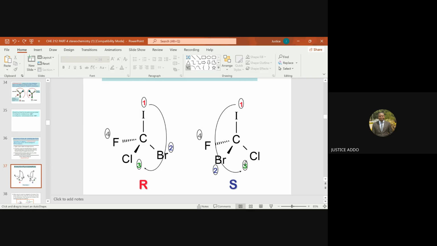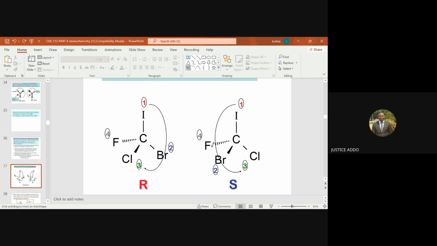And so, in the molecular structure drawn on the screen, you see that the iodine is on a solid bond, isn't it? Chlorine is on a solid bond. The bromine is on a flying wedge. And then the fluorine is on a broken line. Let me give you the interpretation of this type of bond.